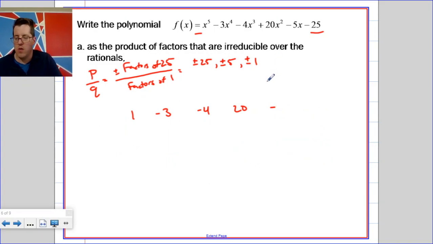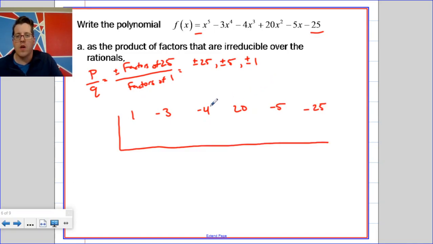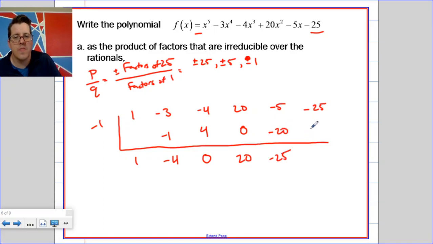Whoa, hey, get back here. Okay, let's try negative 1. Hey, that works.